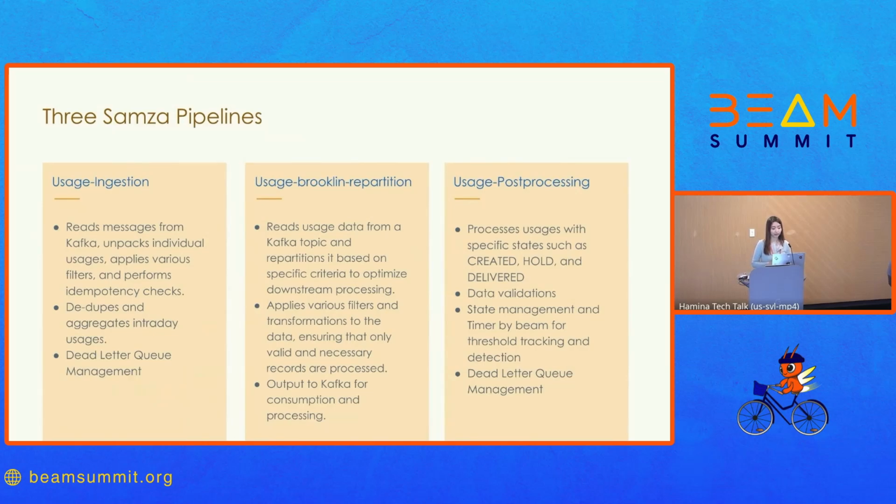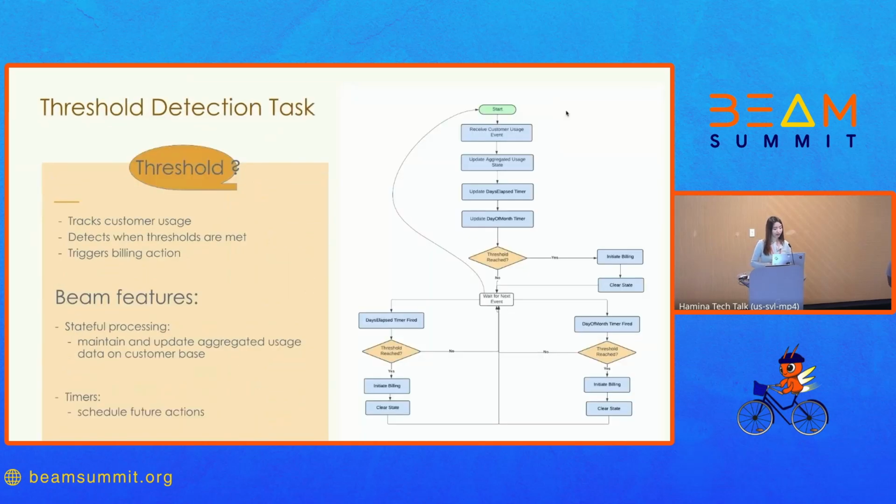All right, now let's take a look at the threshold detection task, which is within our post-processing pipeline. So, some context. In our system, as we also mentioned, a threshold represents either a specific limit or trigger event for a usage that prompts a billing action.